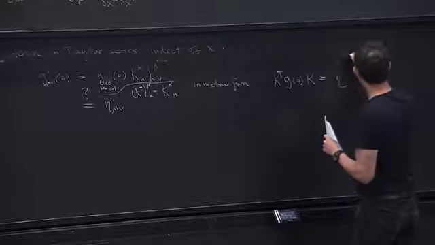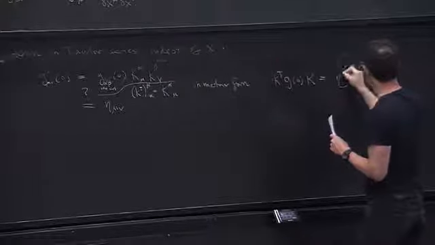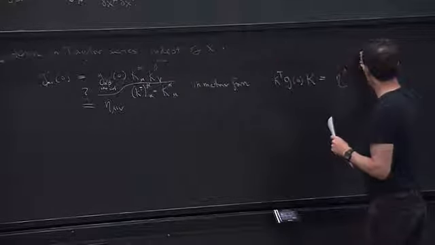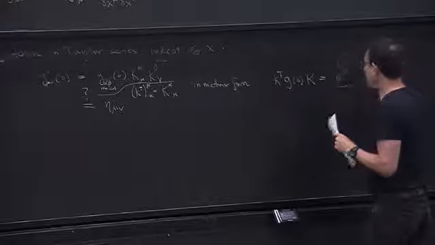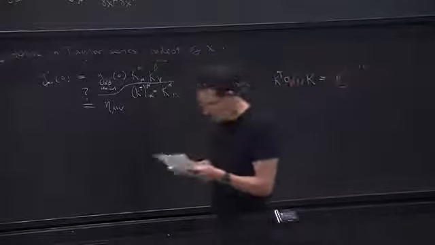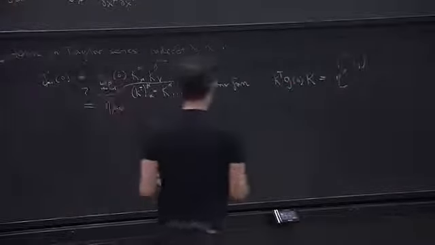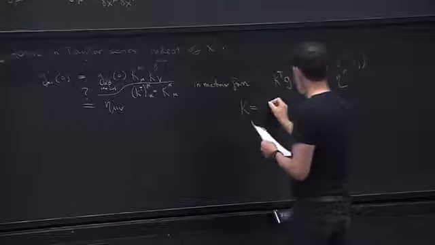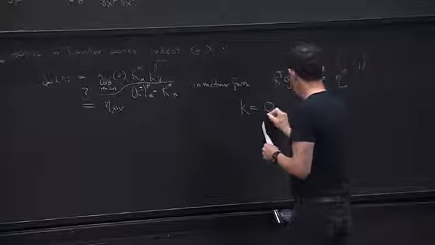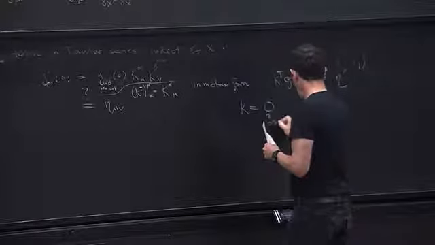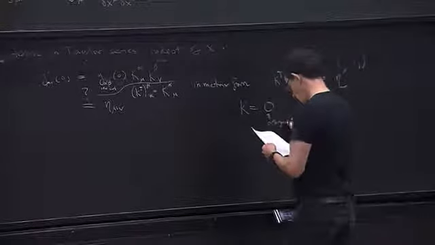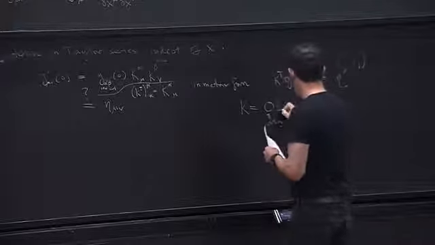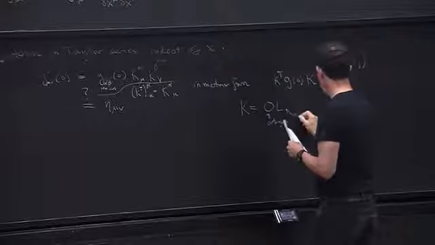Eta is minus 1, 1, 1, 1, with zeros everywhere else. So can I do that? And the answer is you can. It's very easy. What you say is that K is equal to an orthogonal matrix times L, where L is a diagonal matrix.